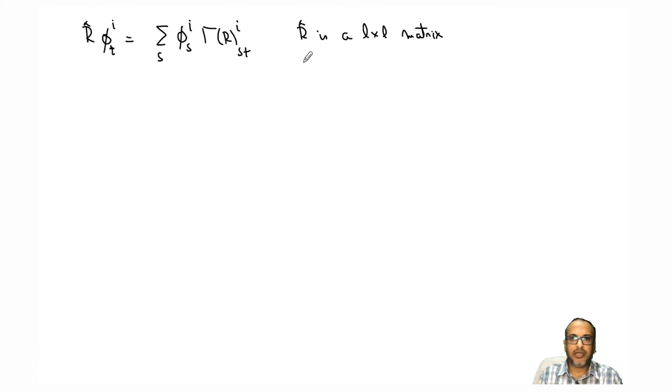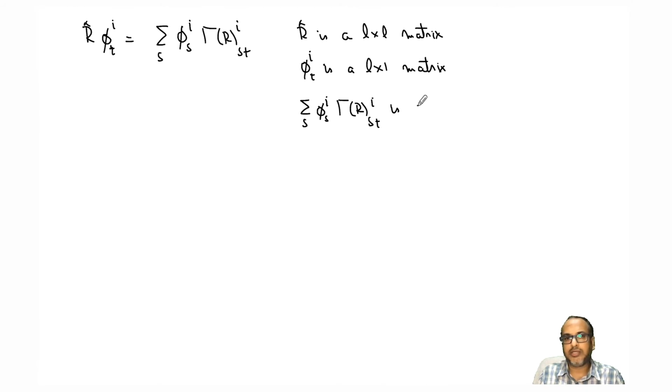Then phi_t^i, if I'm writing this in matrix form, is an l cross 1 matrix. If these two are matrices, then this whole thing becomes an l cross 1 matrix, right? Then the summation over s of phi_s^i tau R s t i is an l cross 1 matrix.